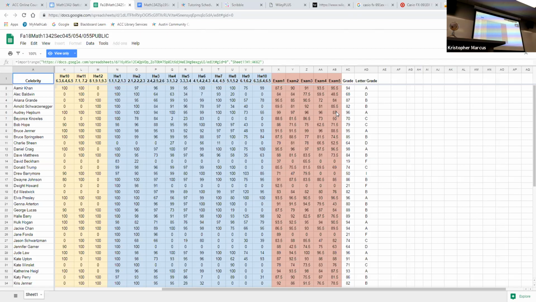If you look at all of the people that actually did all of the exams and did all of the homework, you'll be hard-pressed to find anybody that scored less than about a 72 in the class. So do all the homework, do all the exams, and you will very likely pass the class. So right here, a 71. And most of this, a 71, came from a bunch of zeros in their homework.